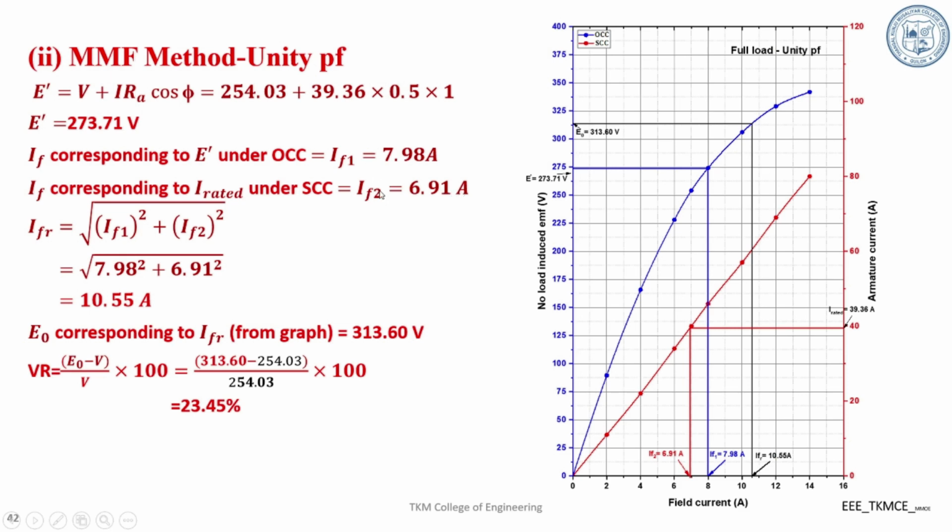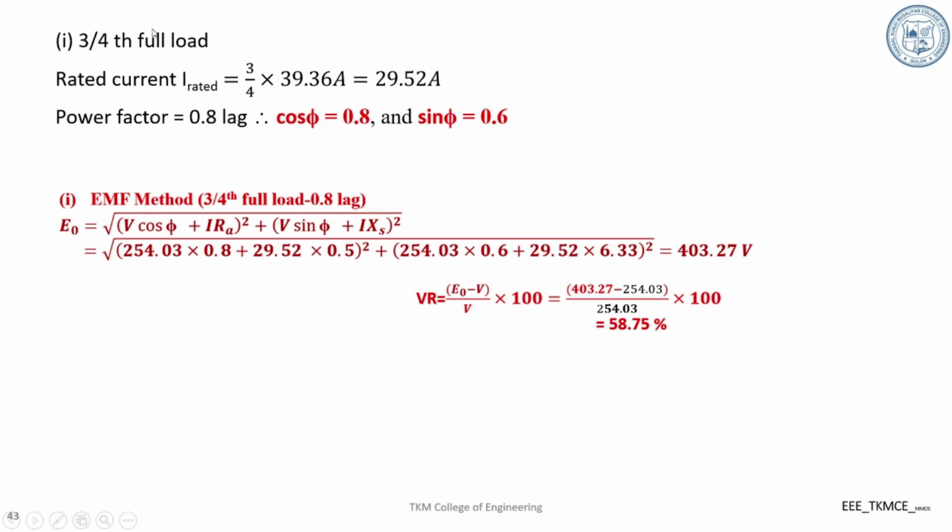Substituting IF1 and IF2 in this expression, the resultant field current is obtained as 10.55 ampere, and corresponding to this IFR, E0 from OCC is obtained as 313.60. Substituting these values in the expression, voltage regulation is obtained as 23.45%.